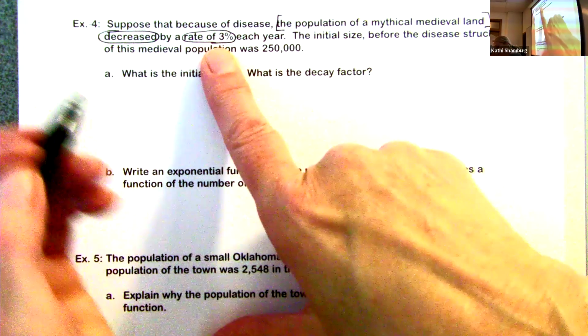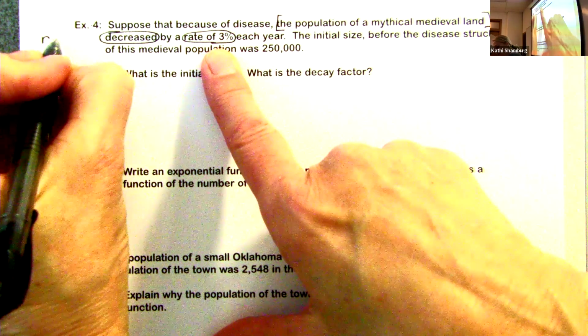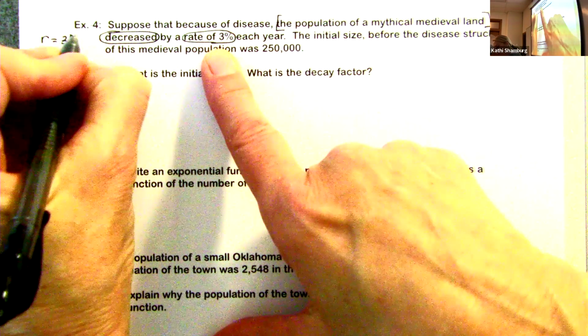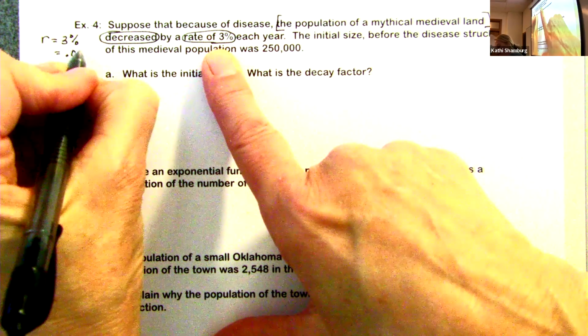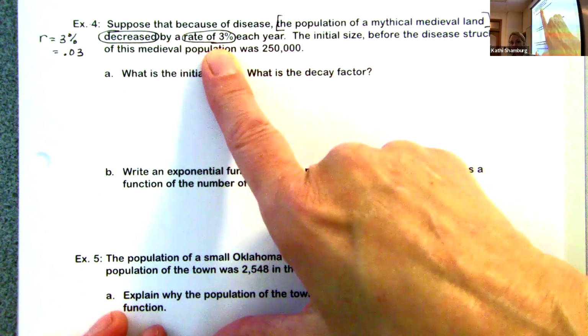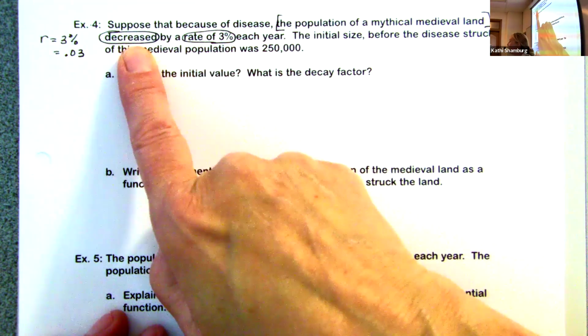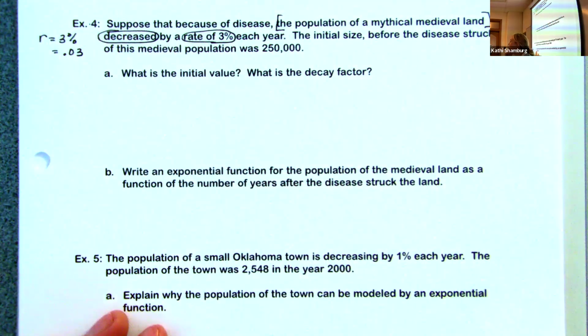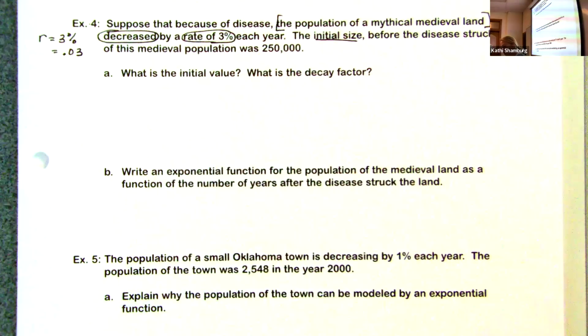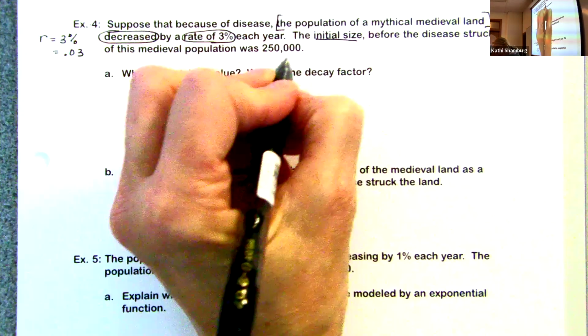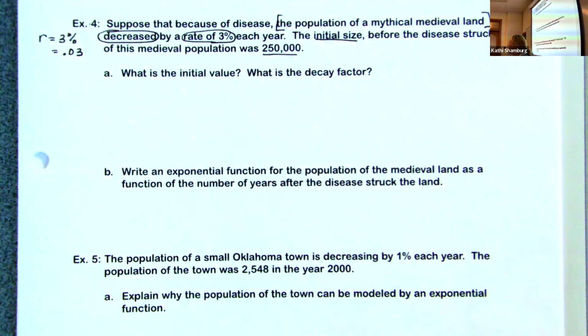So this rate of 3%, we know they are giving us R. And that could be rewritten as 0.03. Now, because they tell us it decreased, then we know that we have a decay factor. Okay, all right, the initial size before the disease struck was this amount right here.